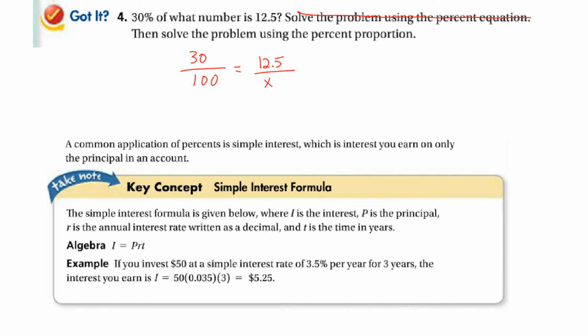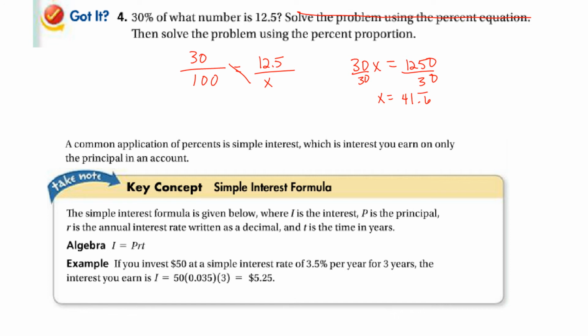I don't know my of. So again, do my cross products. 30 times x is 30x. 100 times 12.5 is 1250. 1250 divided by 30 is 41.6 repeating.